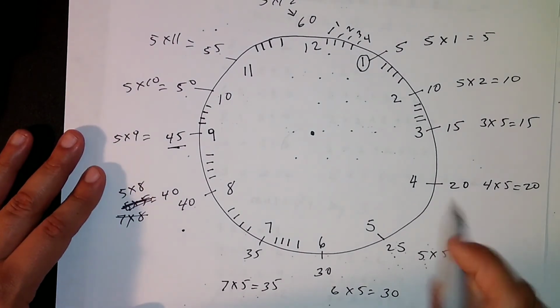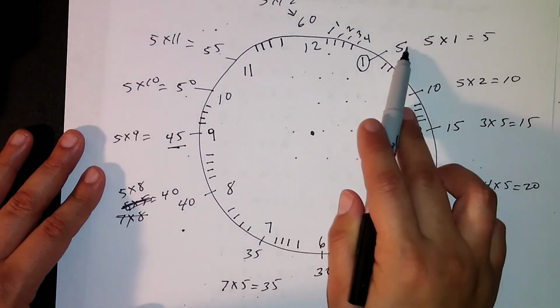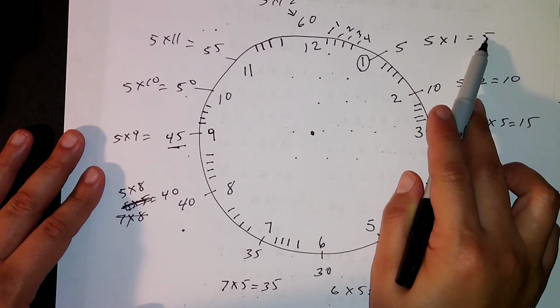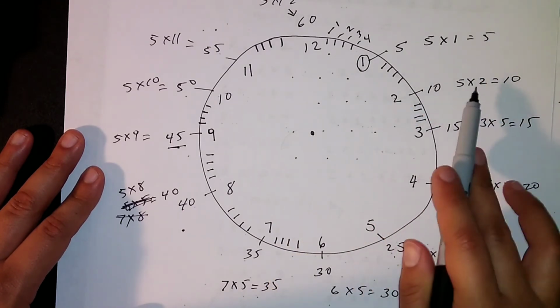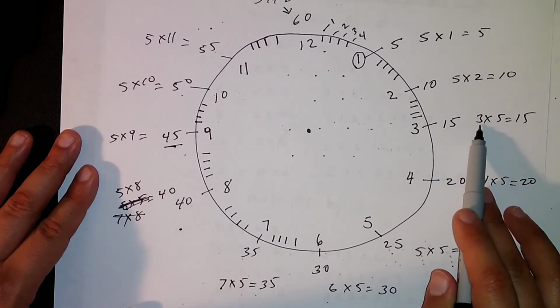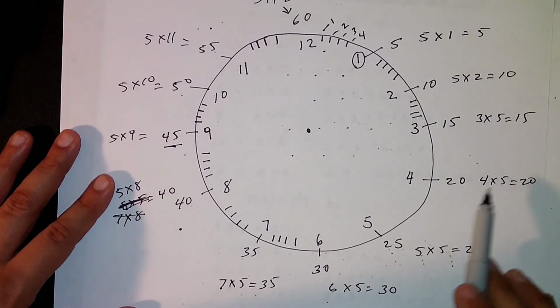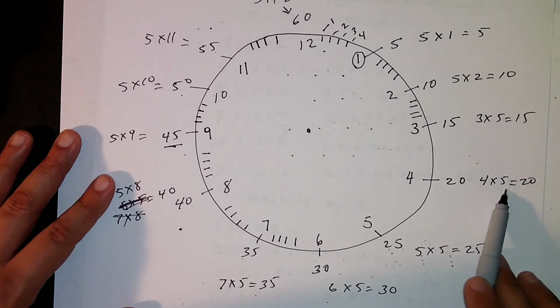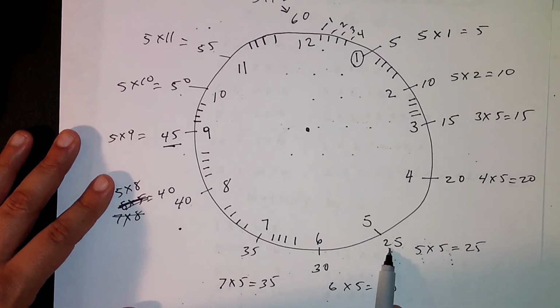Because each one multiplied by 5 is 1, 2, 5 times 2 is 10. 3 times 5 is 15. 4 times 5 is 20. 5 times 5 is 25. We're halfway on the clock here.